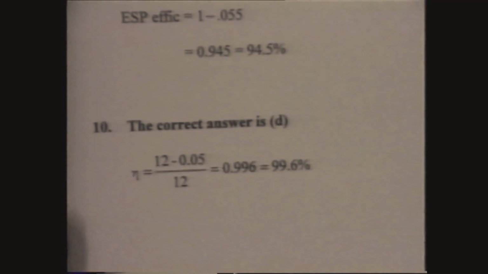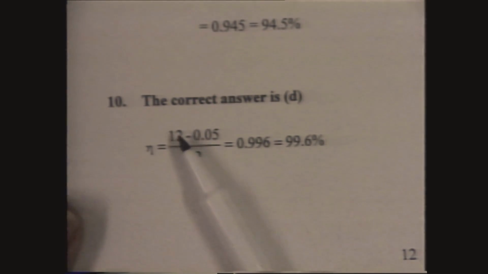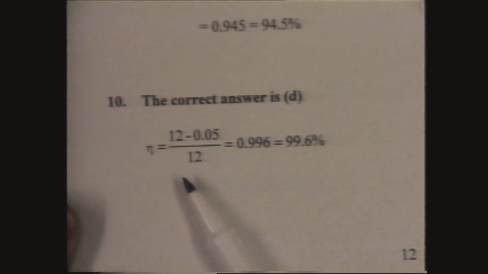All right, so for problem 10, it doesn't affect us at all. The volumetric flow rate given is a distractor. It is intended simply to distract you from the correct approach here.